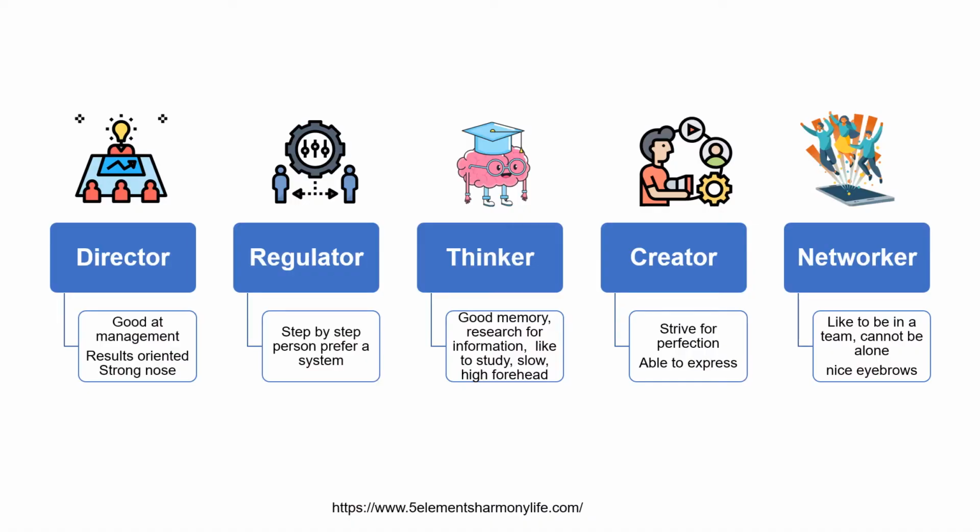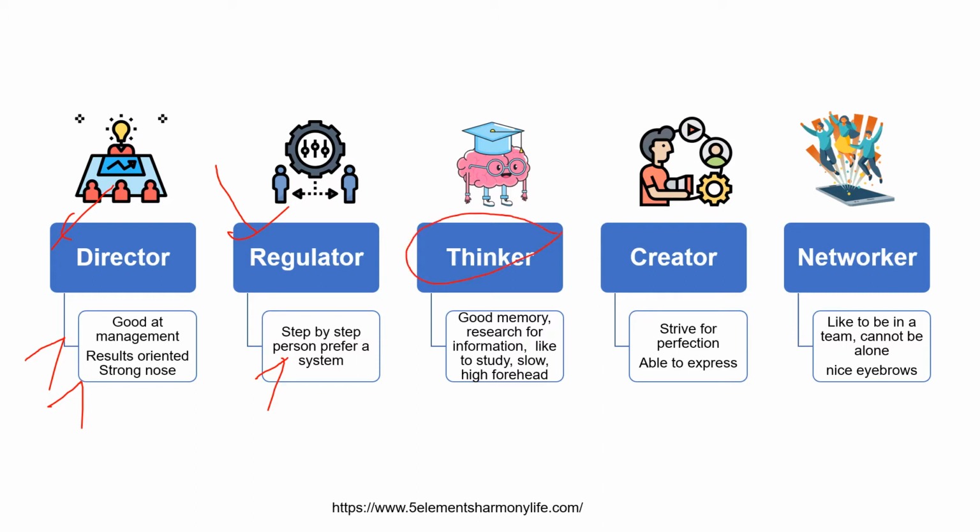These are the 5 types of personality based on the 5 elements. The director is good at management and results oriented, and normally has a very strong nose in their facial features. The regulator is the step-by-step person who prefers a system.